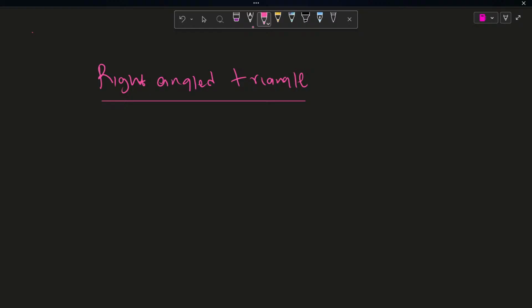A right-angled triangle is one of our conditions for us to apply the theorem of Pythagoras. It should be something like this.